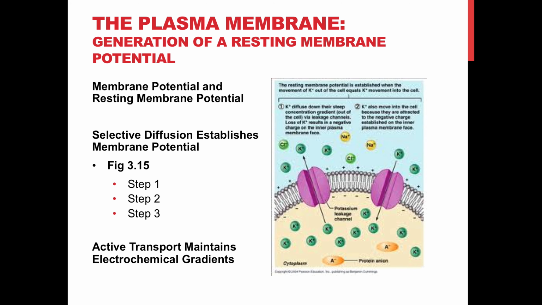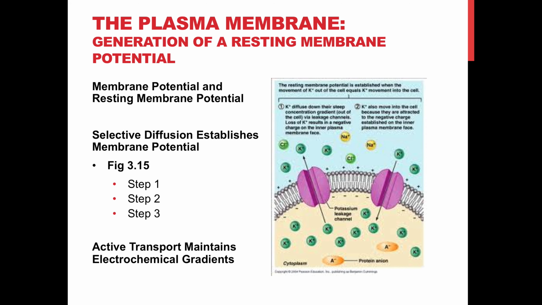This loss of positive charge makes the membrane interior more negative. So the concentration gradient for potassium is stronger than the electrical gradient holding it back to the anions. So potassium leaves, but the anions remain right at the plasma membrane interior. So the plasma membrane interior is negative because of all the negative proteins.